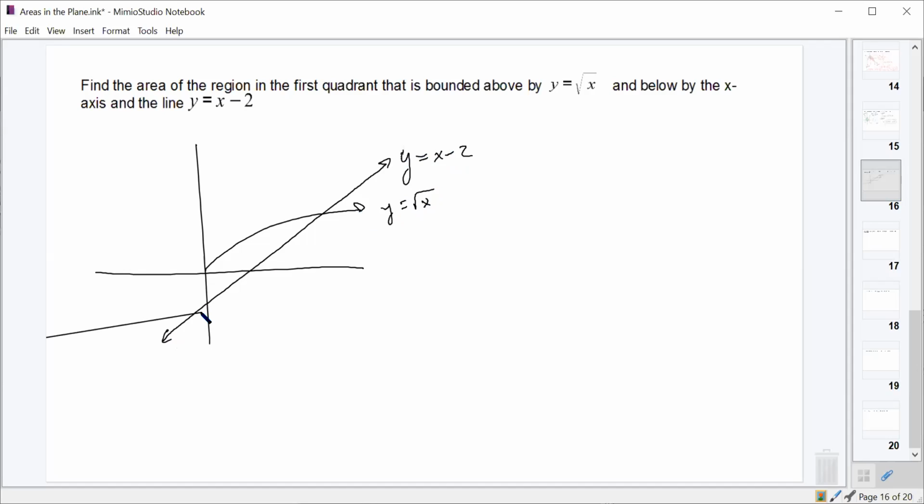We only want the region in the first quadrant though, which tells us that we are looking at this sort of weird little sector. We're looking at this section. And how is this region different from all the other regions that we've dealt with previously?